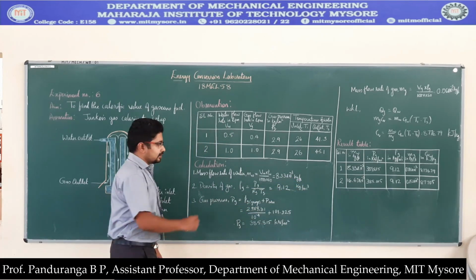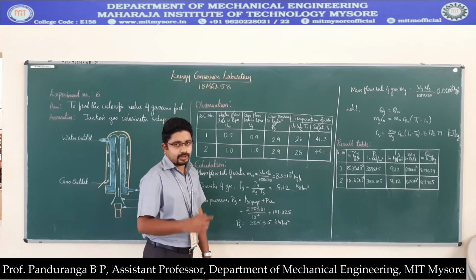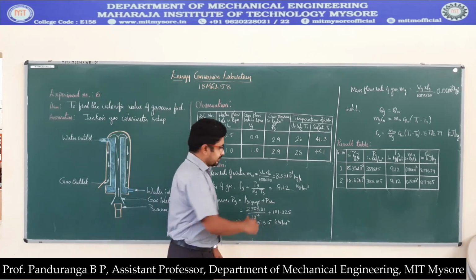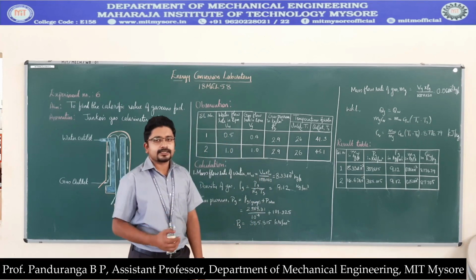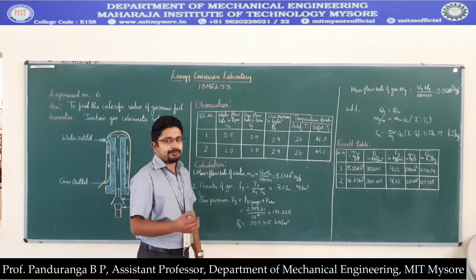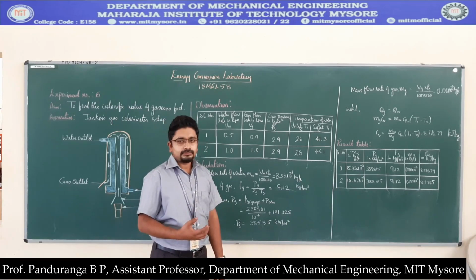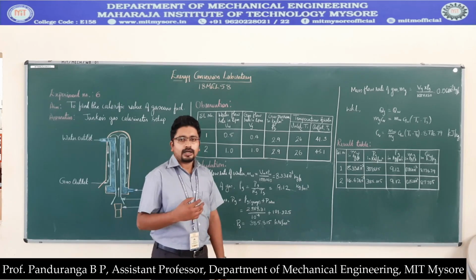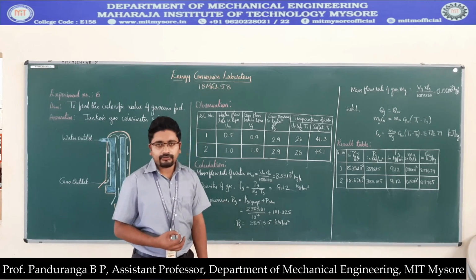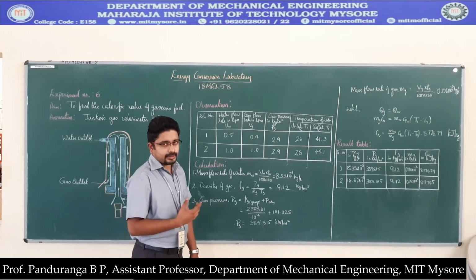Now to find out the mass flow rate of gas, first we need to know the density, because since water is incompressible, we can take the density of water as 1000 kg per meter cube, but gas is compressible, so its density depends on the pressure and temperature. So we use the ideal gas law to find out the density of the gas.